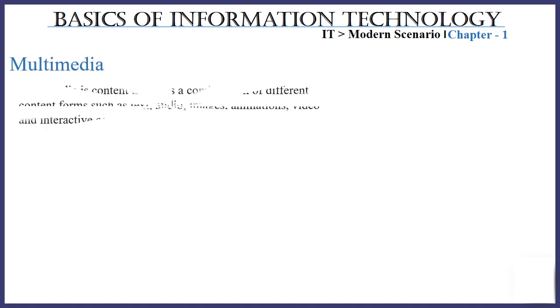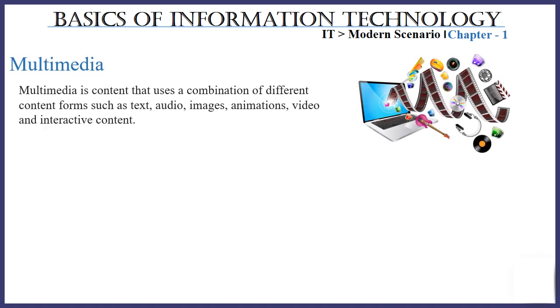Multimedia. Multimedia is basically a medium which has the capability to show communication or expressions through different content forms such as text, audio, images, animations, videos, and interactive content, due to which we can watch different videos, cartoons, and movies through this software.